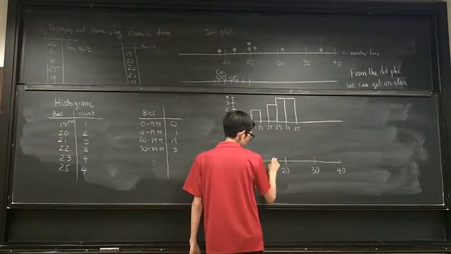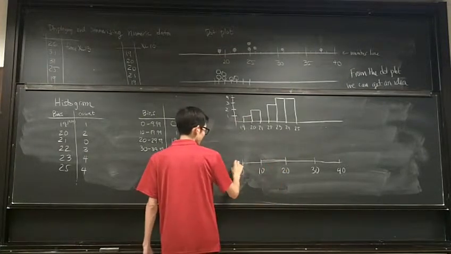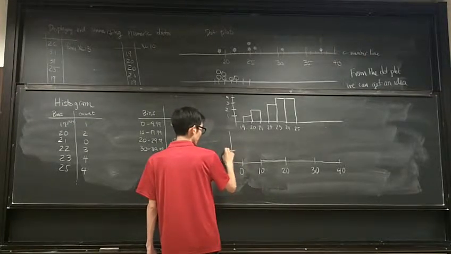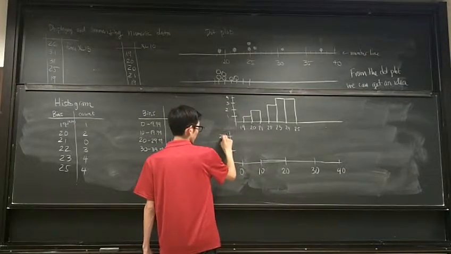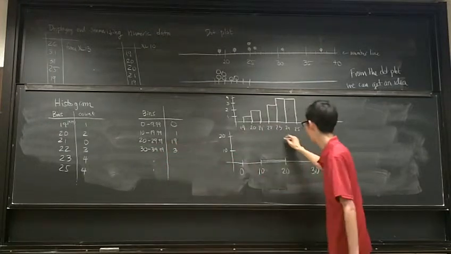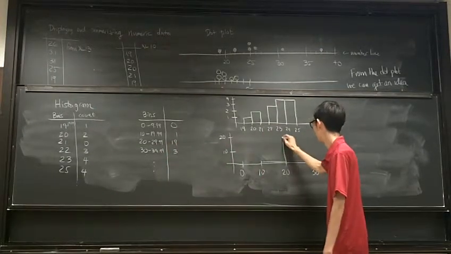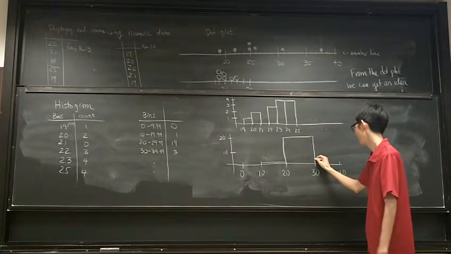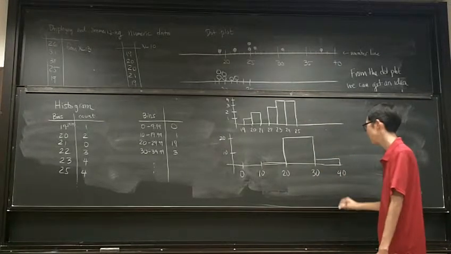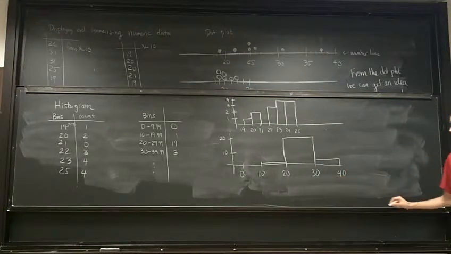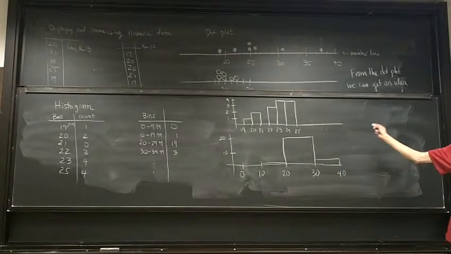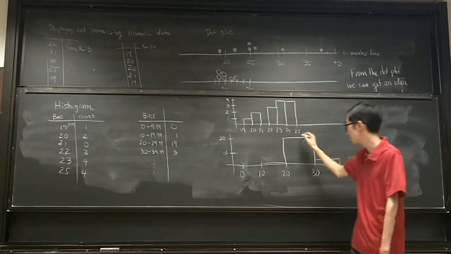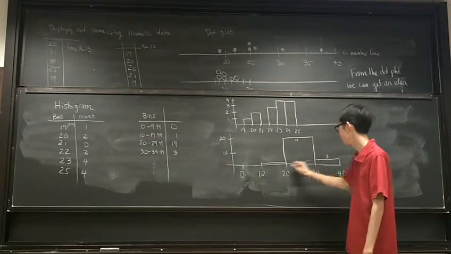I would have a bar at 1, and I would create a bar that goes up to 19, and a bar at 3. And this is what the other histogram looks like. So this one has 19, 3, and 1.